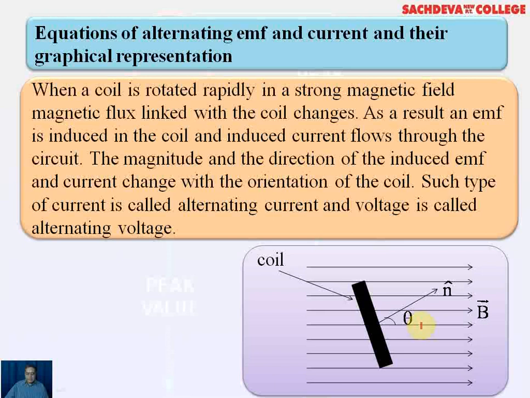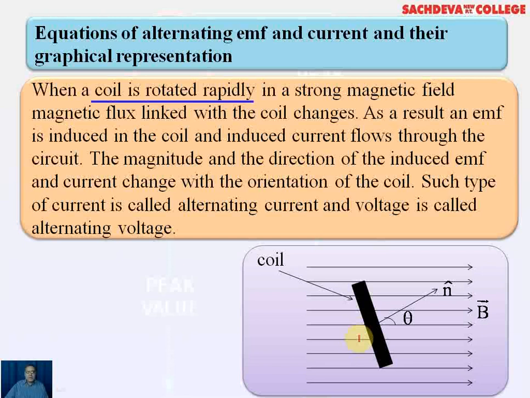Whenever the coil rotates in this magnetic field, the lines of forces will be cut, and as a result, the magnetic flux will change, and that change in magnetic flux will give rise to induced current and induced electromotive force.